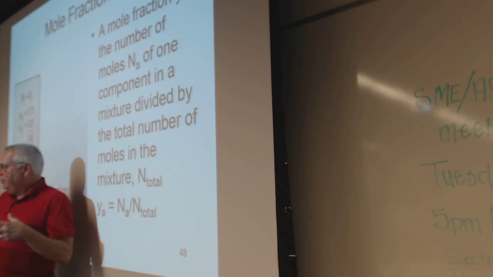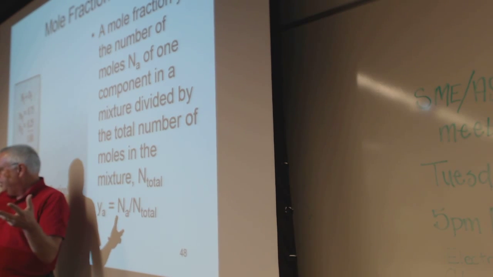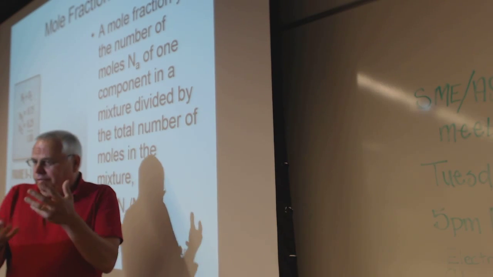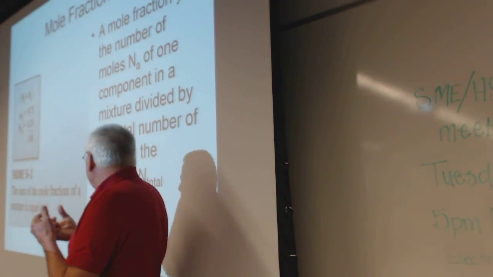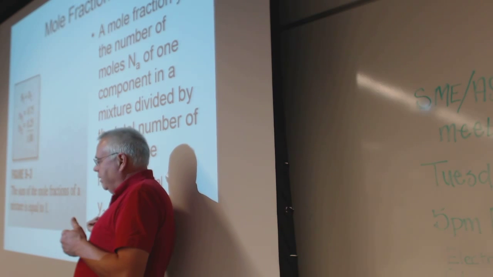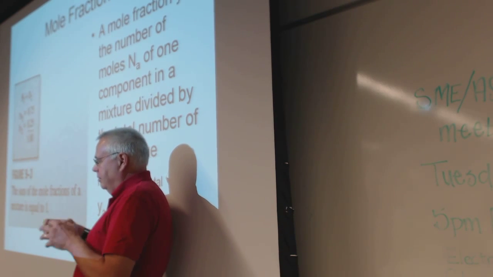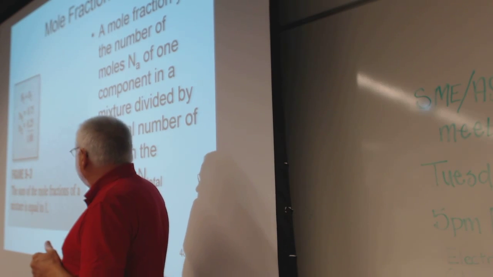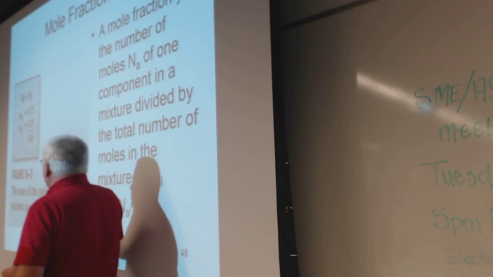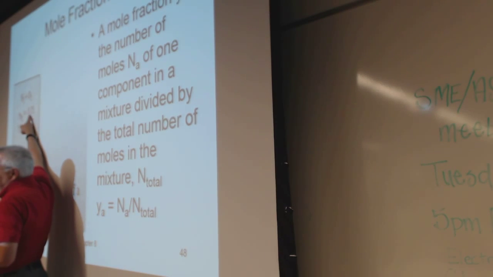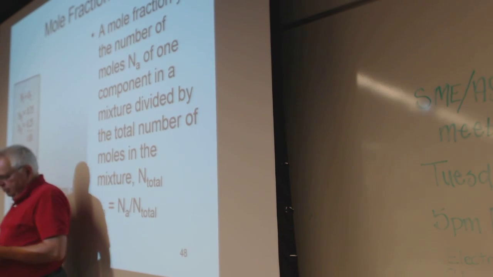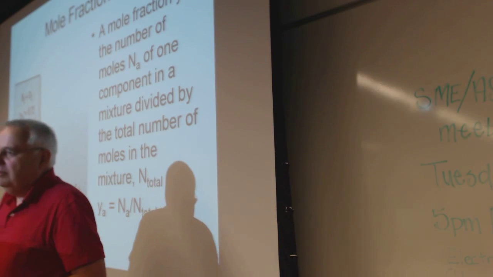So if you have an air-fuel mixture, like propane and air coming in, you can say what the mole fraction of the propane is at the inlet. The sum of all the mole fractions is going to be 1. Why is that? Because it's 3/4 and then 1/4. If you're missing something, then it won't come to 1. Whatever you've got is always going to add up to 1, percentage-wise.